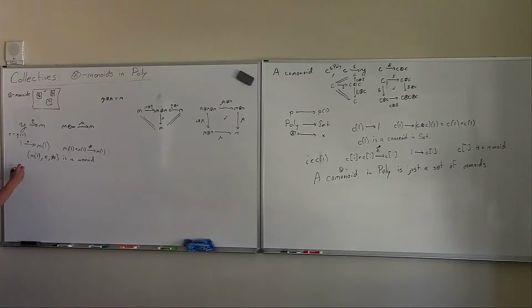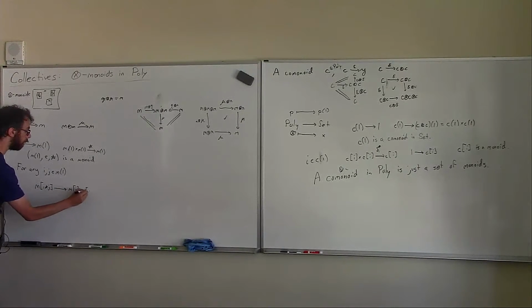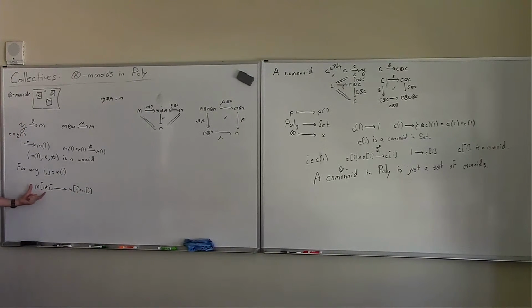But what we also have is that for any i, j in M of 1, if we have two different contributions, we get a map from m of i times j. So we multiply them in the monoid, and we get a map from that to m of i times m of j. So we can also take a distribution. If someone wants to disperse something, they hand it to this thing.